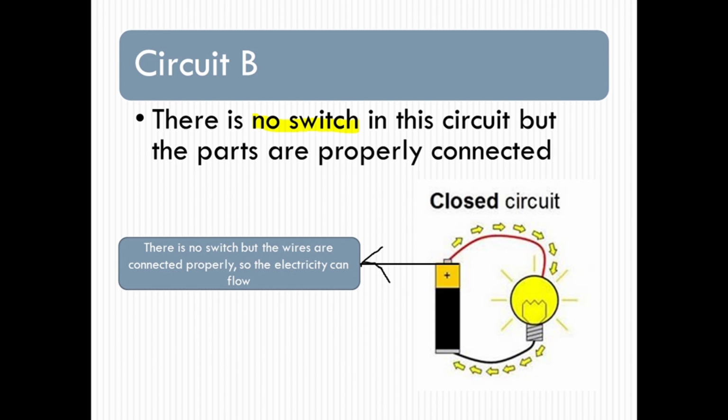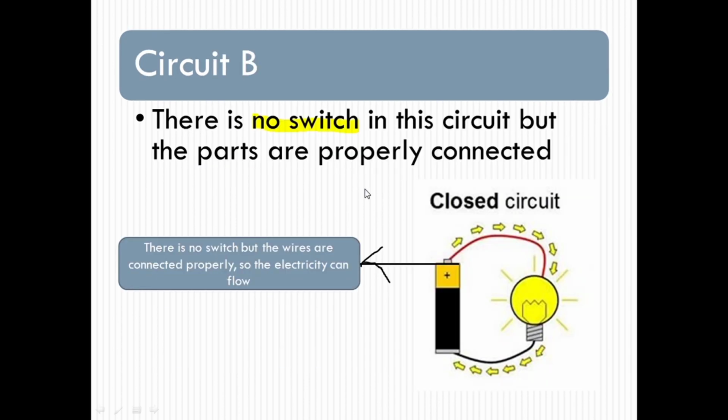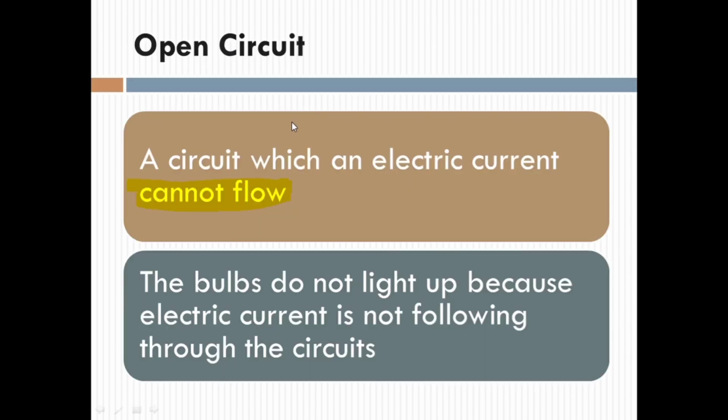Hopefully, so far you are not confused between circuit A and circuit B. Next, what about open circuit? The difference between open circuit and closed circuit is here. An open circuit is a circuit in which an electric current cannot flow.